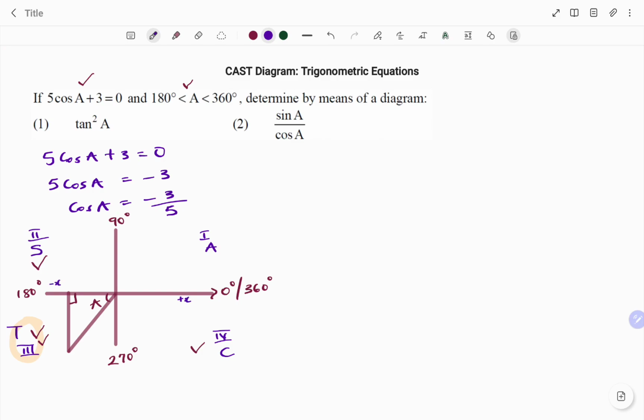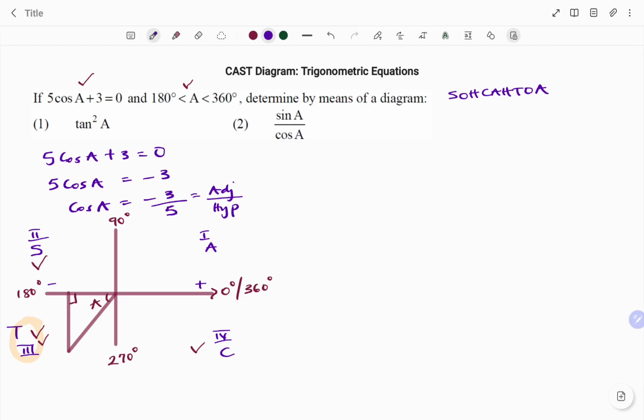So because the value of cos A is negative 3 over 5, using the trig ratio, I have the code SOHCAHTOA to help me in determining what the value of each ratio is. So we have SOHCAHTOA. Cos is adjacent over hypotenuse.